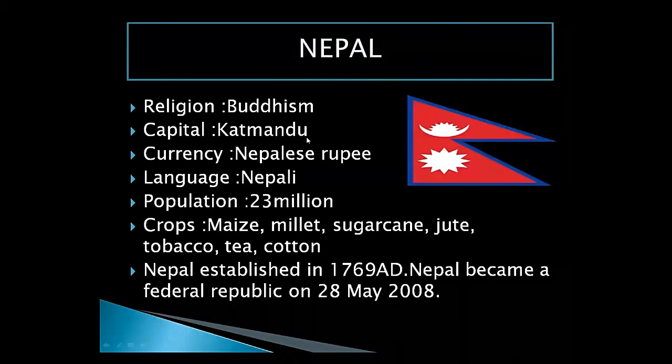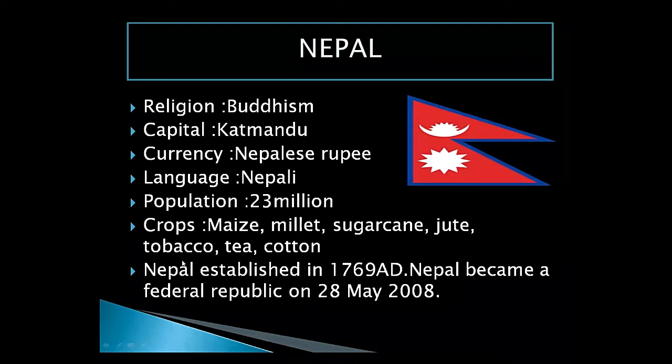The national currency of Nepal is the Nepalese rupee. The national language of Nepal is Nepali. The population of Nepal is 23 million. Famous crops of Nepal are maize, milk, sugarcane, jute, tobacco, tea, and cotton.